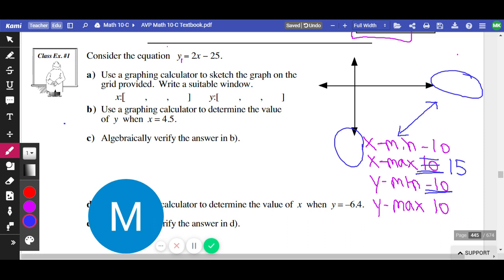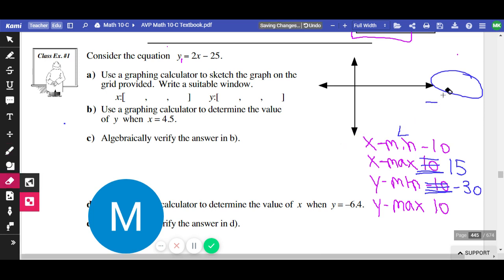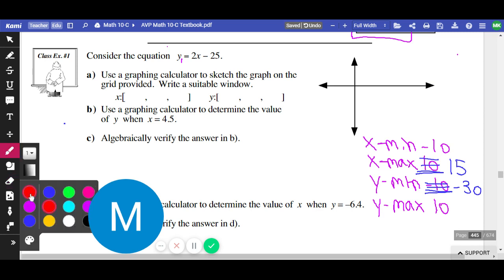Because I was looking at that sliver, and it was really vertical when I saw your calculator. So I'm going to say Y minimum of like negative 30. I'm going to go way down there. And then I'm going to hit graph. And now that I've stretched my window out, I should be able to actually see my graph. Here's hoping.